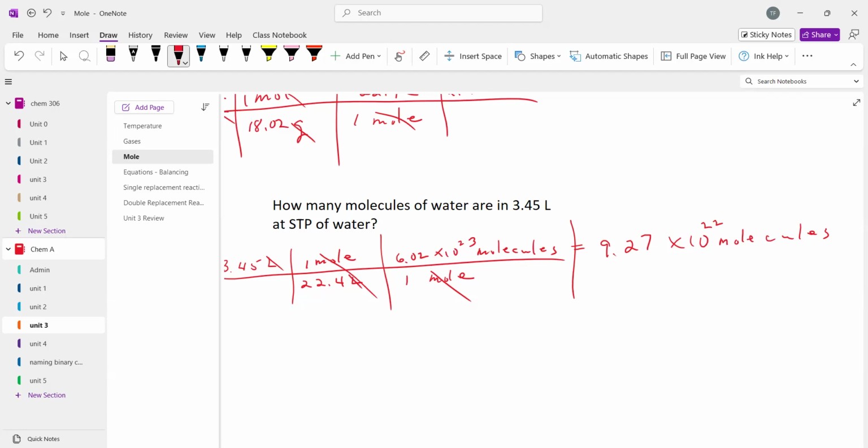If you're real careful when you're writing, you can use MOLC. Okay, so 3 sig figs all the way across. We've got 9.27 times 10 to the 22nd molecules of water, starting with water, ending with water.